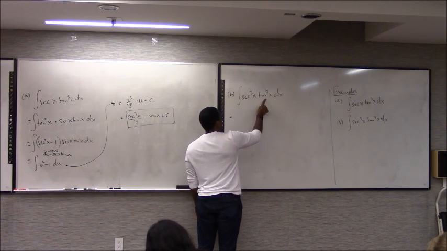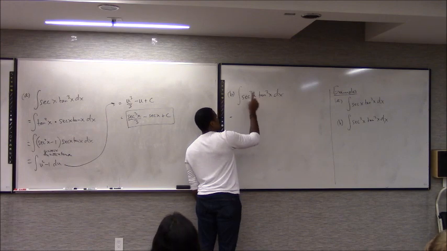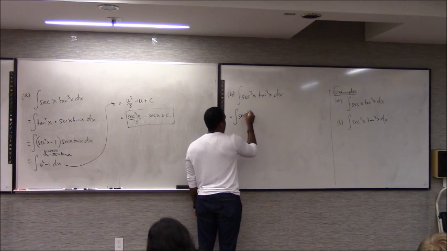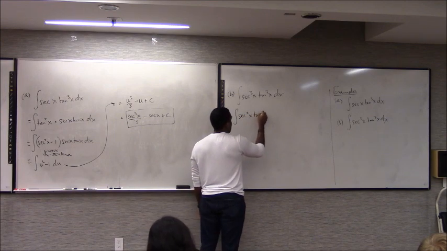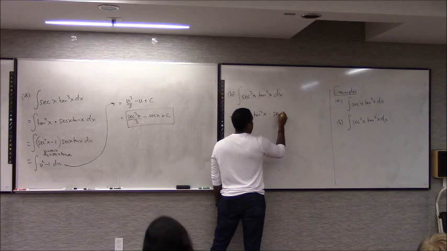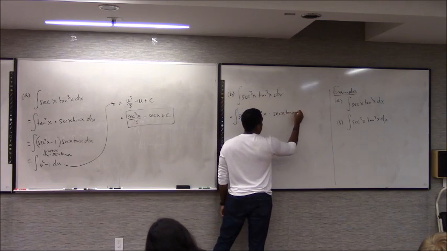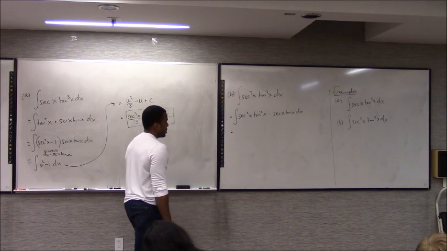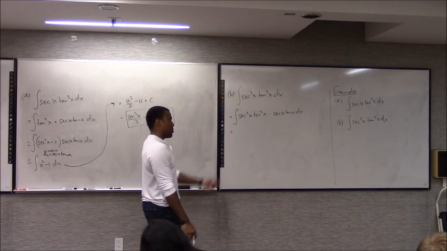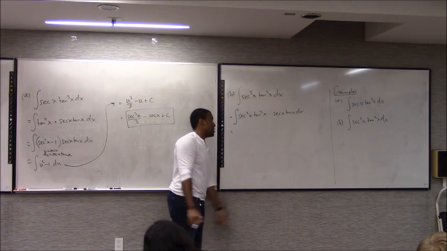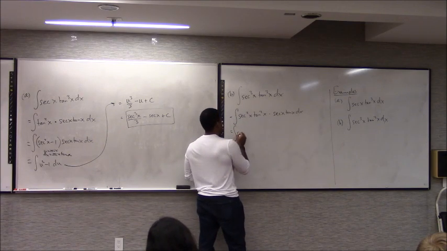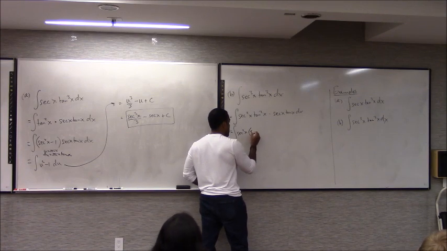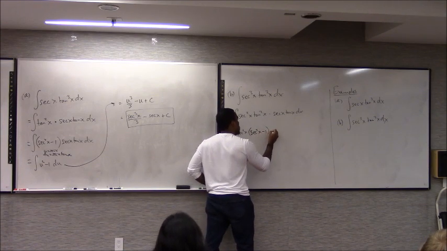So power of tangent is odd, and we have secants present. So what I'm going to do is factor out a secant and a tangent. Then I'm going to change all the tangents to secants, because what I want to do is let u equal secant so that I get that secant tangent du. So I'm going to leave this secant squared here. I'm going to change that tangent to secant squared minus 1.